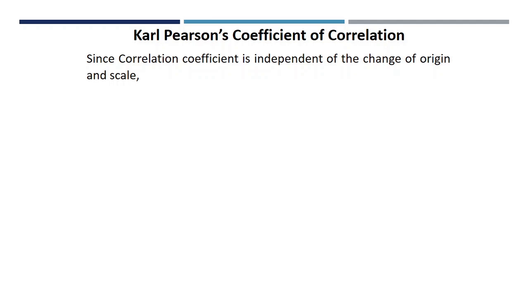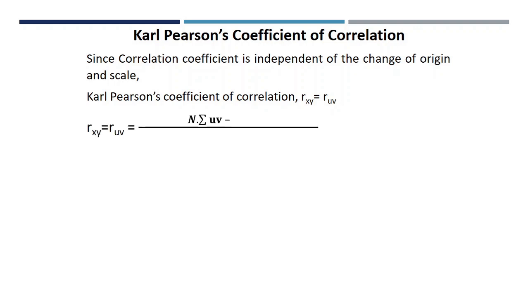Since the correlation coefficient is independent of the change of origin and scale, we can write Rxy is equal to Ruv. So Ruv is calculated as n sigma uv minus sigma u sigma v, divided by square root of n sigma u square minus (sigma u) square, into n sigma v square minus (sigma v) square.